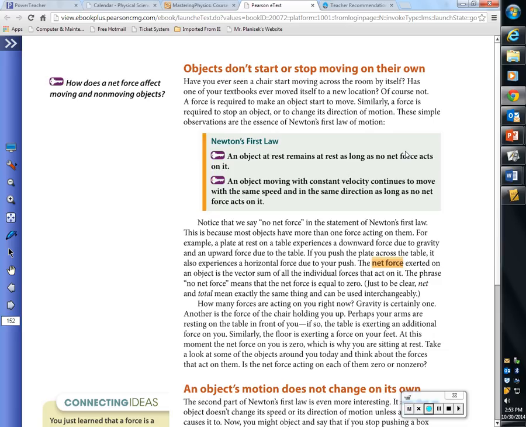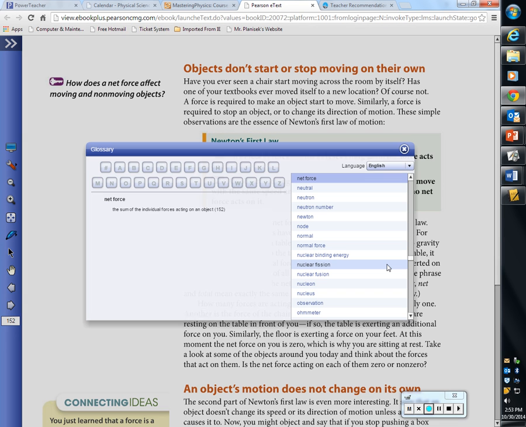While I told you that force causes acceleration, when we really want to analyze what's going on, we can't just look at force, we have to look at what we call net force. The glossary tells us that net force is the sum of the individual forces acting on an object.